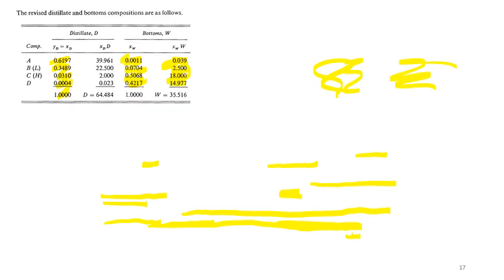After you use the Fenske equation to calculate the distribution of other components, you get the revised distillate and bottoms composition in the table below. Instead of 40 moles of A coming in and 40 moles of A coming out at the top, you got only 39.961 of A in the top product, and the remaining 0.039 moles per hour of A comes out in the bottom.